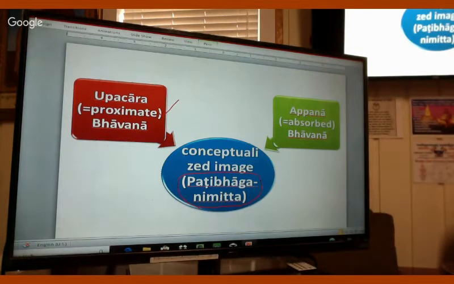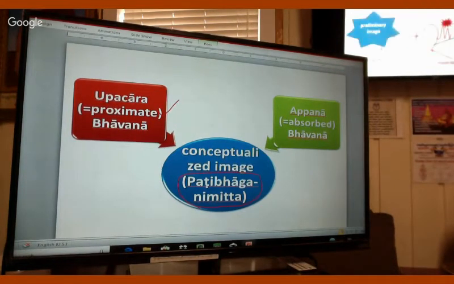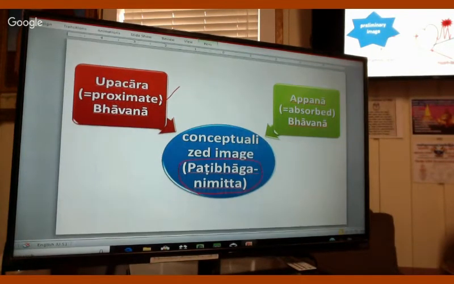So it works like this with three different kinds of bhavana and three different kinds of nimitta.